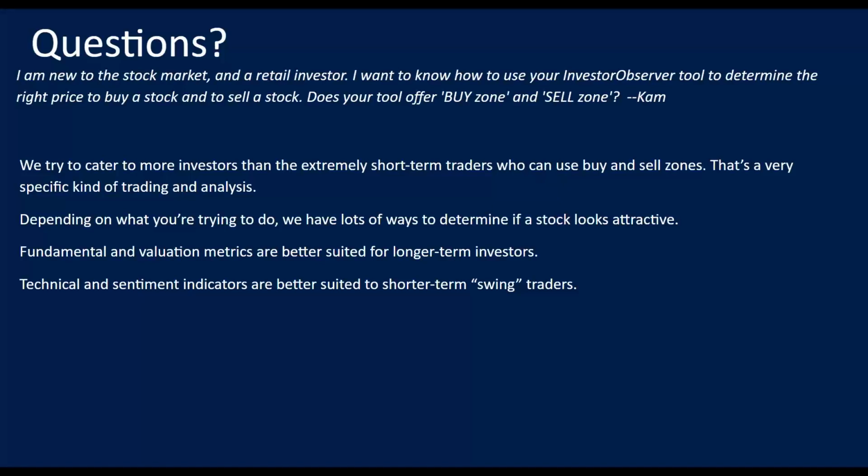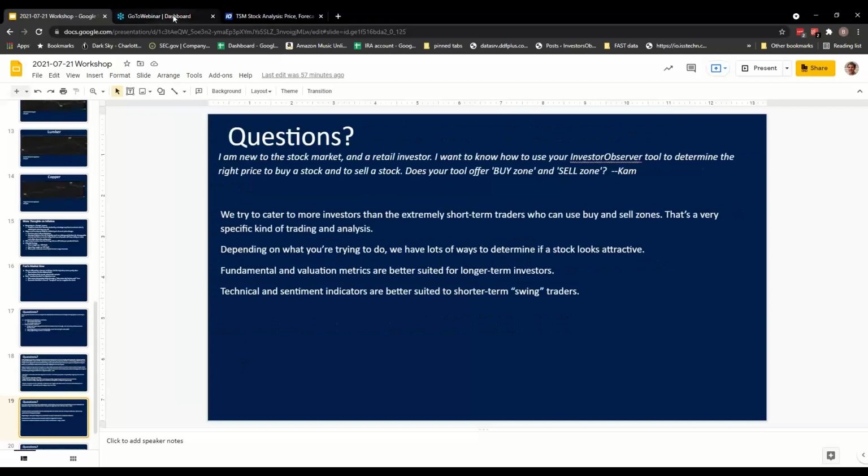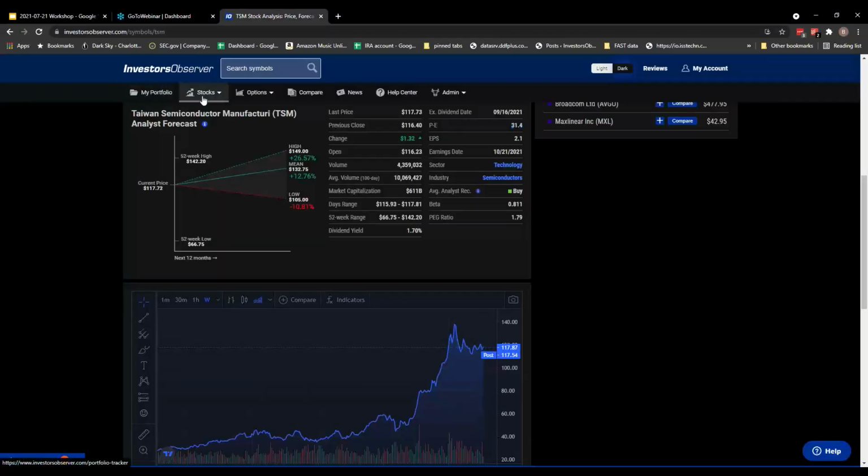So one of the things I like to do, as somebody who is trying to pick up a few stocks at a value here for the long term, is look for things that have a high valuation and maybe not a very high technical score. I think we actually have a screener for this.